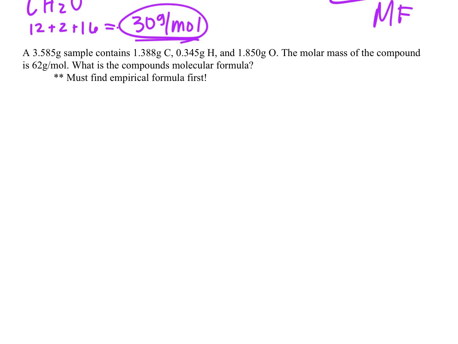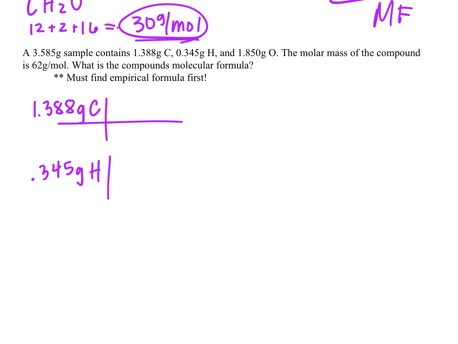If I want to find the empirical formula of this, my first step would normally be to take percents and label them as grams. But do I have to do that in this problem? Nope, because my starting amounts were already in grams. So I'm going to have 1.388 grams of carbon, and I'm going to convert to moles. 0.345 grams hydrogen, and I would convert to moles.